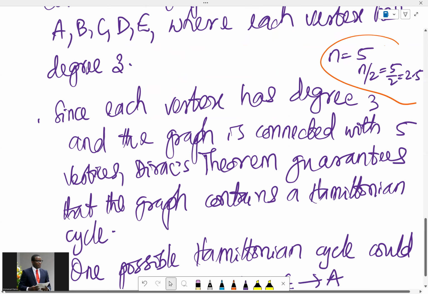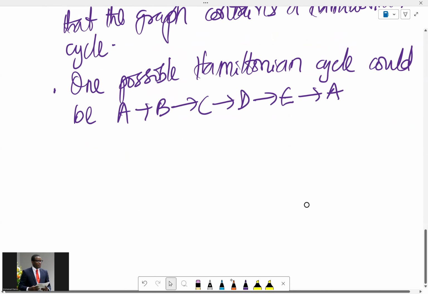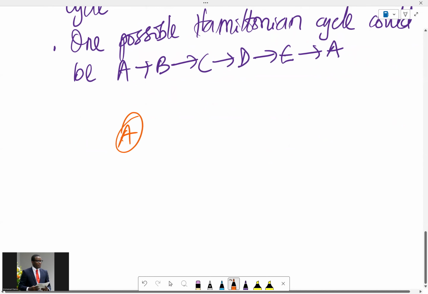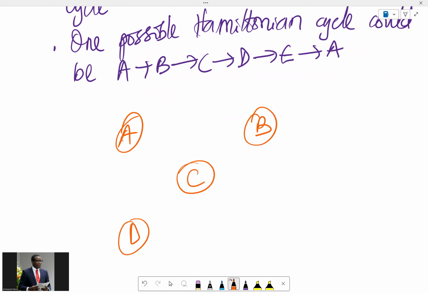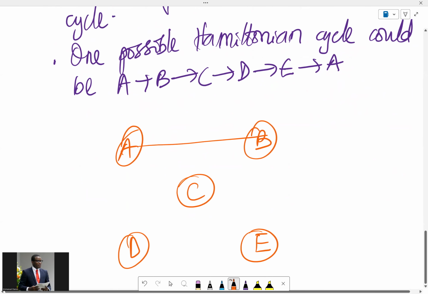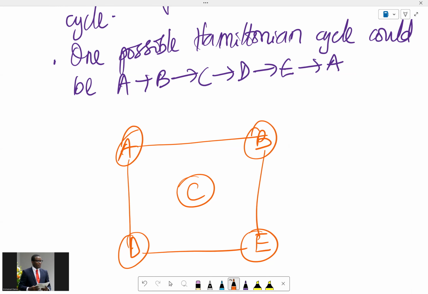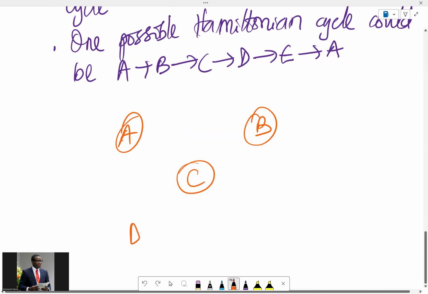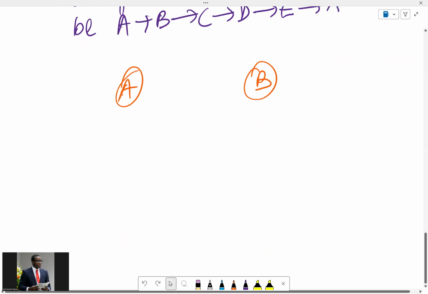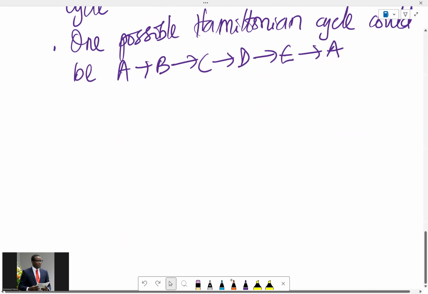If you will try to visualize what we have discussed, imagine you have A, B, C, D, E connected by 5 edges. It should look like a pentagon, I believe. So let's make it something like a pentagon.